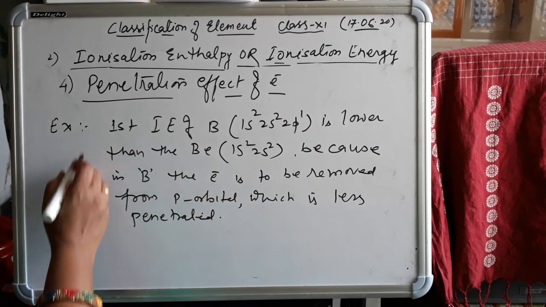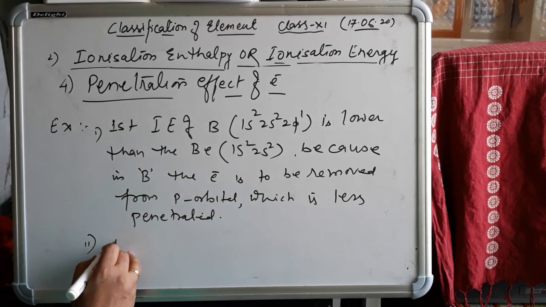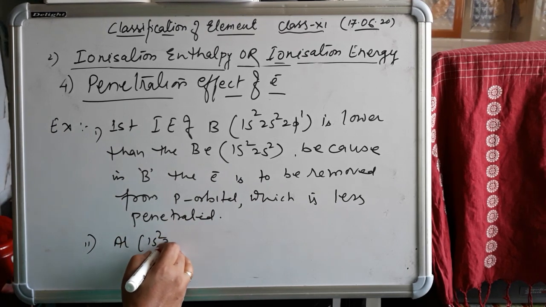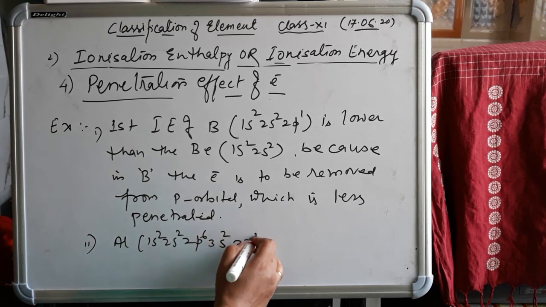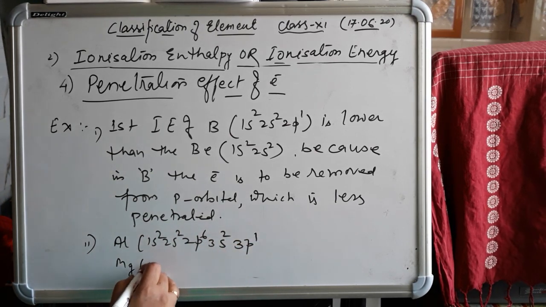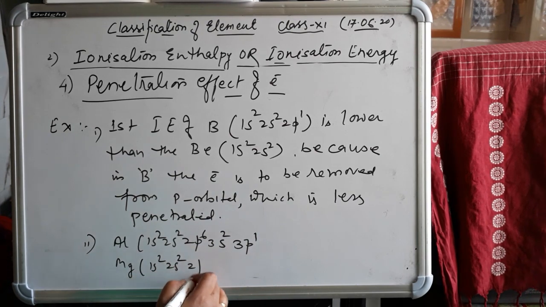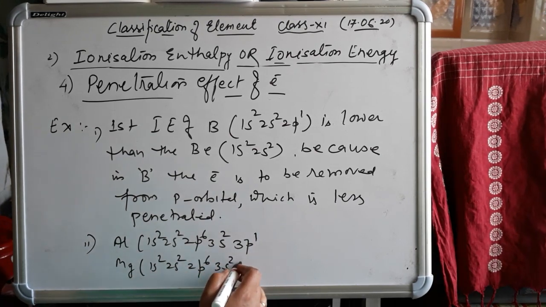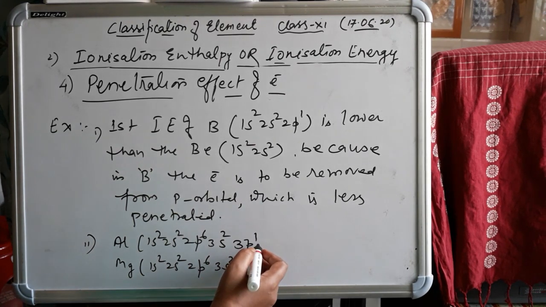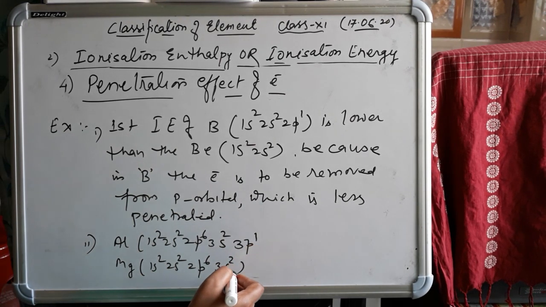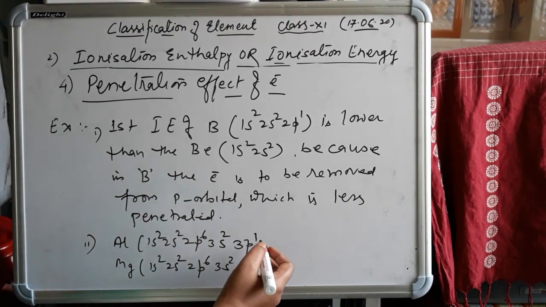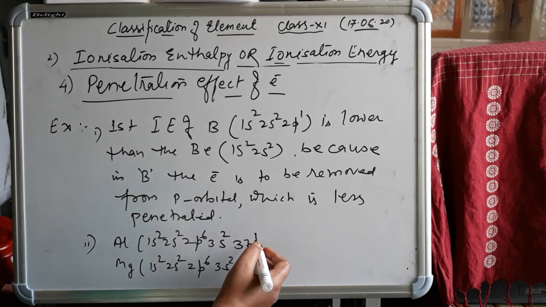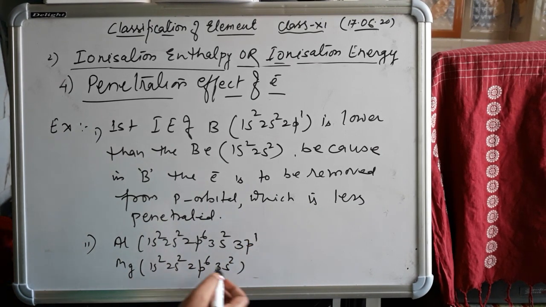Similarly, in the case of aluminum 1s2, 2s2, 2p6, 3s2, 3p1, and magnesium 1s2, 2s2, 2p6, 3s2, aluminum has less enthalpy than magnesium, because here the electron is removed from the p orbital, but in magnesium the electron is removed from the s orbital.